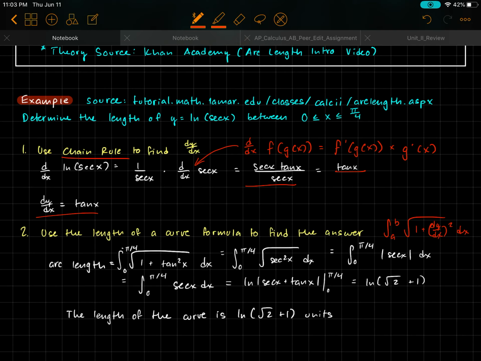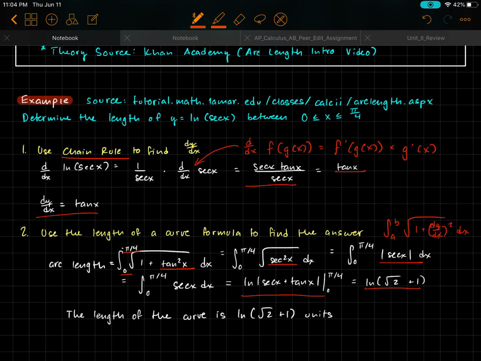And we're going to have dy dx squared is going to be tangent squared x, and a is going to be 0, and b is going to be pi over 4. So now we use our identities, and we know that 1 plus tangent squared x is equal to secant squared x. We simplify that to the absolute value of secant x. And then eventually we get to this antiderivative, and finally we get to this answer.